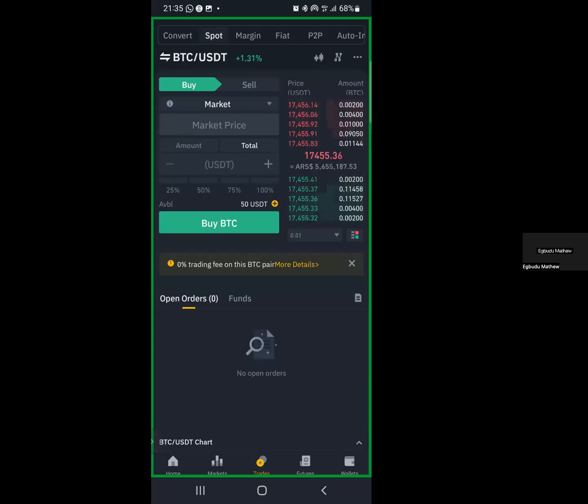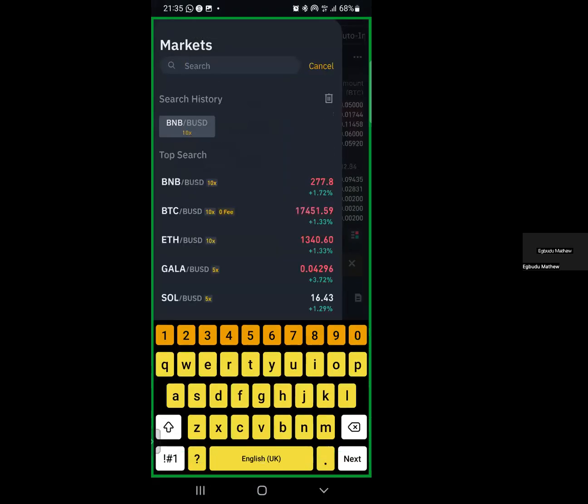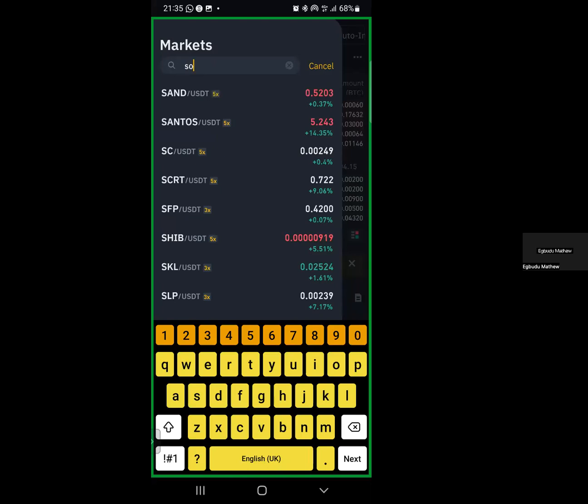Before you choose a particular pair you need to buy, go to the search button. Maybe there's a signal for BNB USDT, or for Gala USDT. You type, for instance, Sol, if it's Sol USDT.